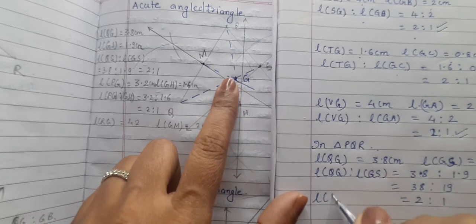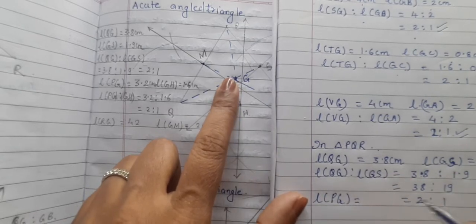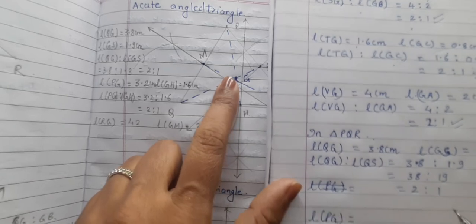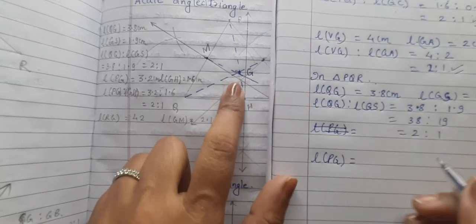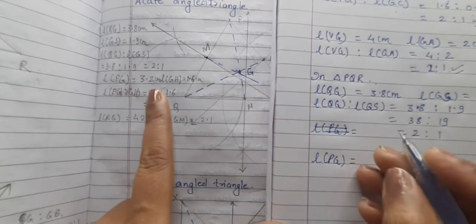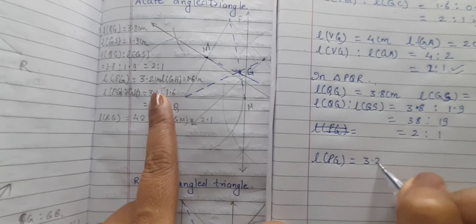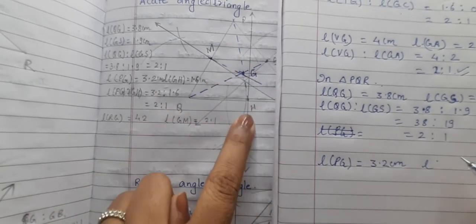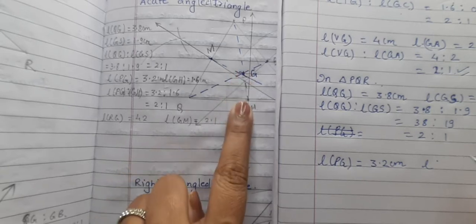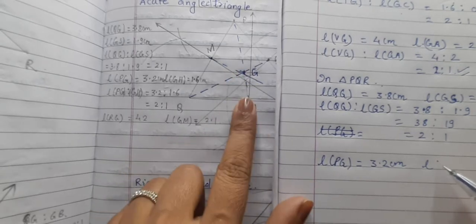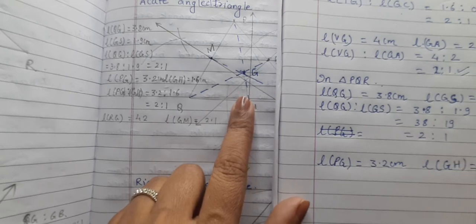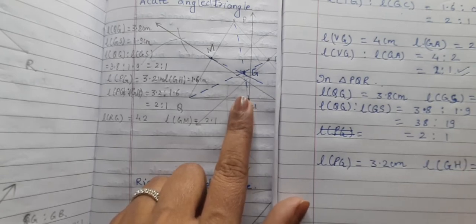With the help of the scale you have to measure, length of PG is equal to 3.2 centimeter, and length of GH, the dotted line, is equal to 1.6 centimeter.